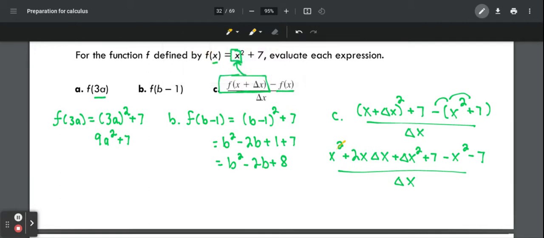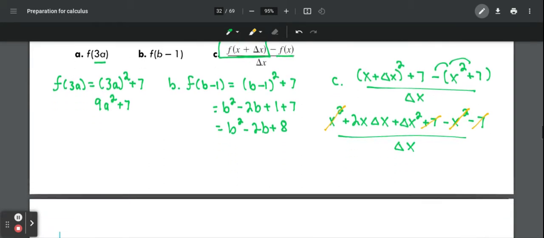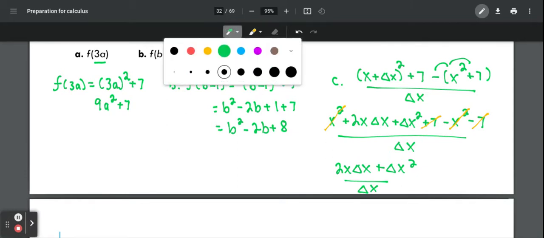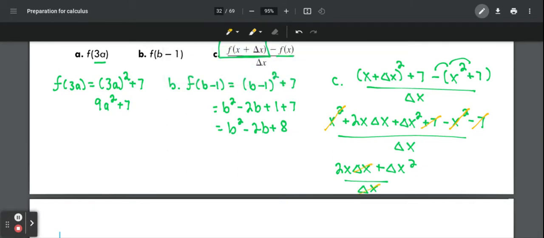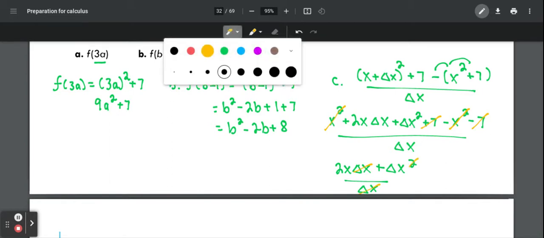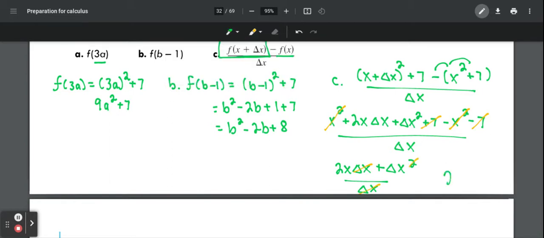If you notice the x squared minus the x squared, the 7 and the minus 7, all you have left are terms that have delta x in them. So you have 2x delta x plus delta x squared over delta x. And since they all have a delta x, you can simplify that delta x. And so you're left with 2x plus delta x, which is what that original expression would equal when you make those substitutions.